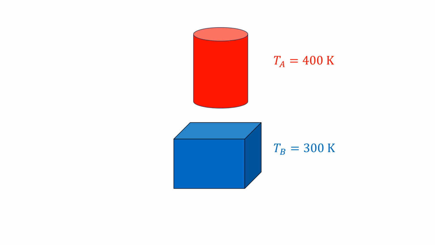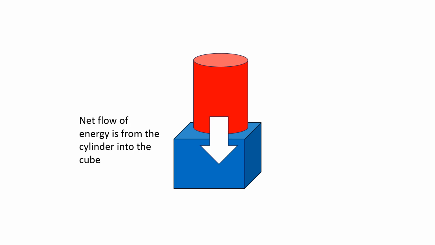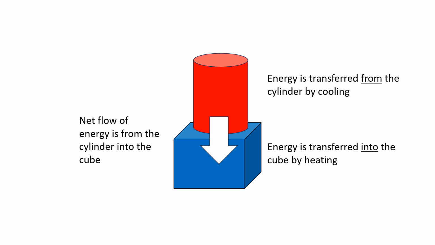If we place them in contact with each other, they're going to transfer energy. The net flow of energy is going to be from the cylinder into the cube because the cylinder is at a higher temperature than the cube. And so we would say that energy is transferred into the cube by heating, and energy is transferred away from the cylinder by cooling.